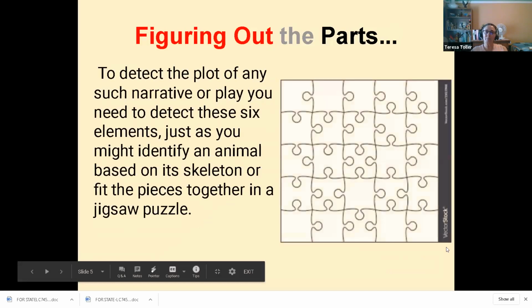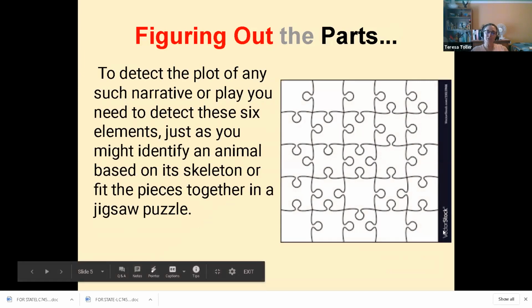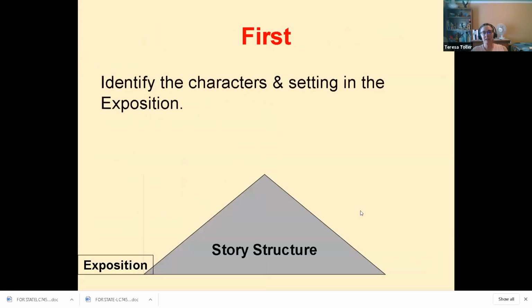To detect the parts, you have to fit them together like you would a jigsaw puzzle. You might need to identify one part first to figure out the rest of them. So first, let's talk about the exposition. That's where they introduce the characters and the setting.